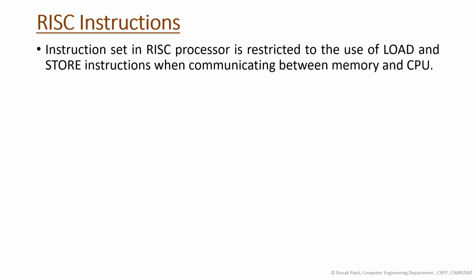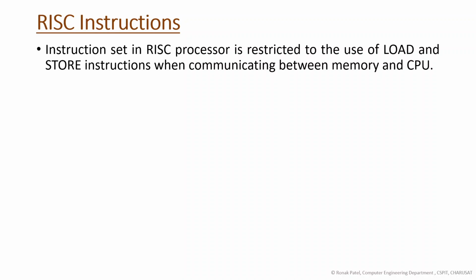Now last is RISC instruction. Okay. So in this instruction set, the RISC processor is restricted to use of load and store instructions when it communicates between memory and CPU. We have seen in the case of accumulator that to store the value in accumulator we are using load, and to get the value from accumulator to memory we were using store.